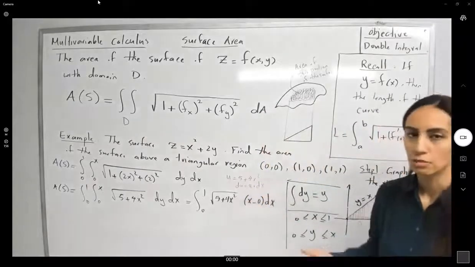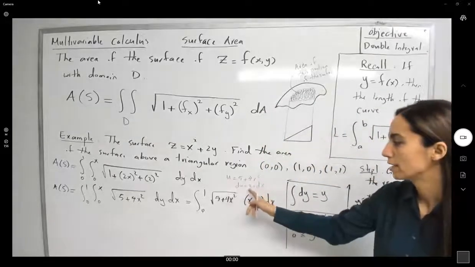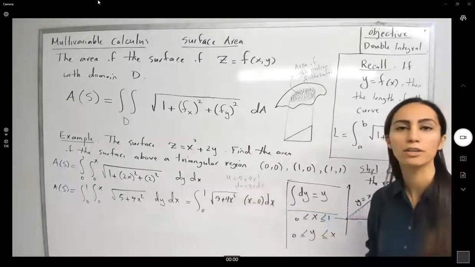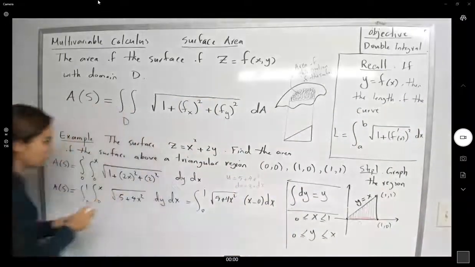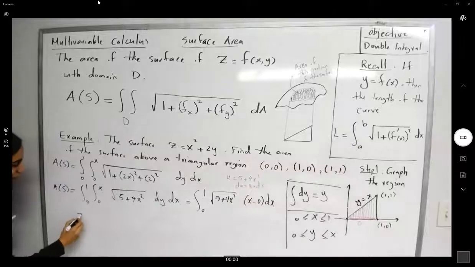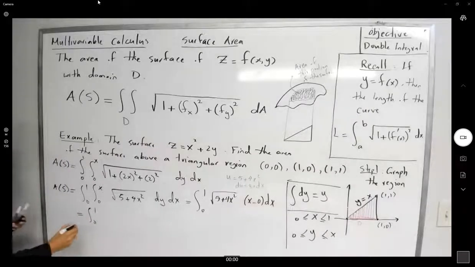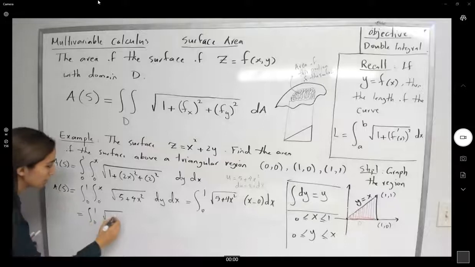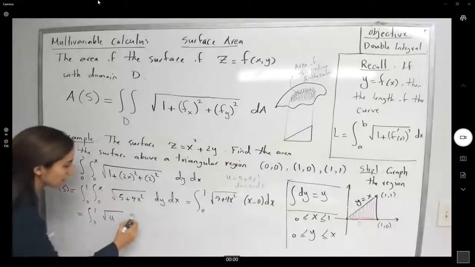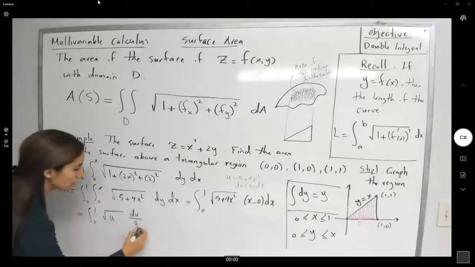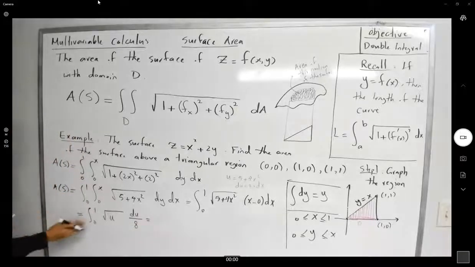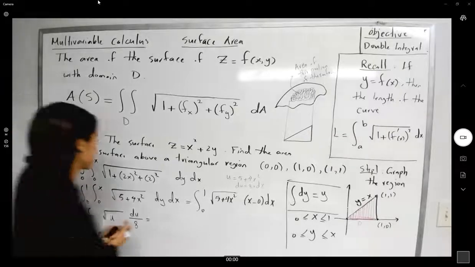I don't have the 8, but it means that x dx is du divided by 8. Well, this is equal to the integral from 0 to 1 of the square root of u, du divided by 8. Here again, just ignore the limits for now, then substitute them later.